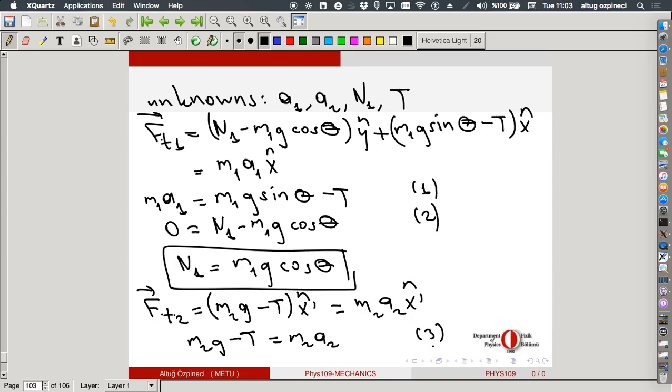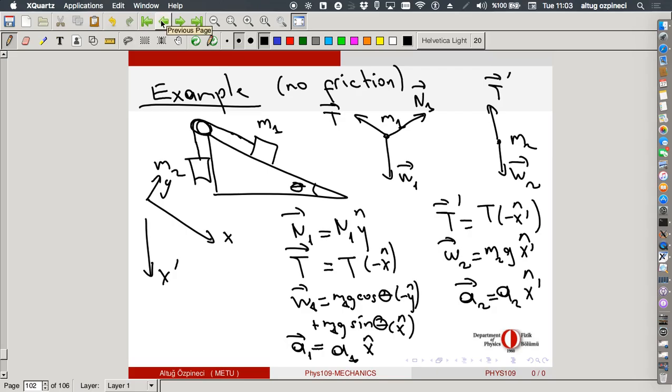We still need 1 more equation. There's still 1 more piece of information that we didn't use. Can I just say a2 is equal to minus a1? Why? In the magnitude, because they move together and their velocities must be the same.